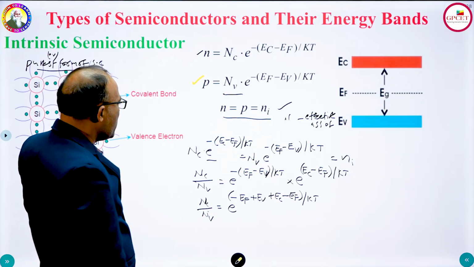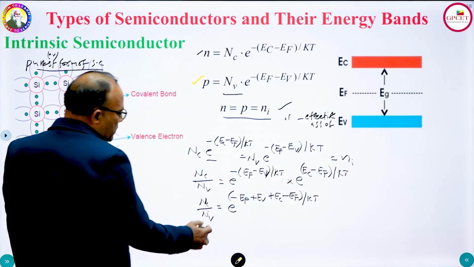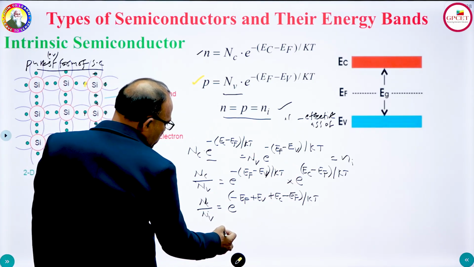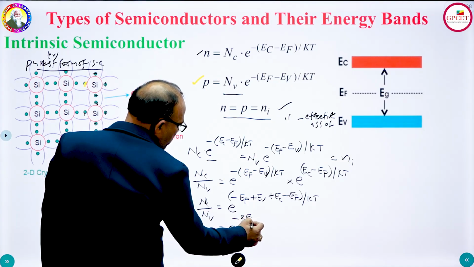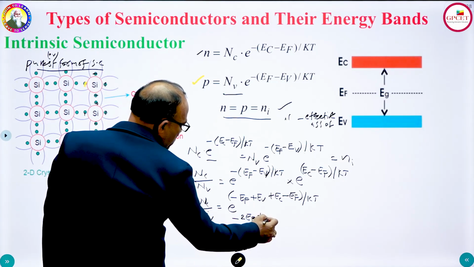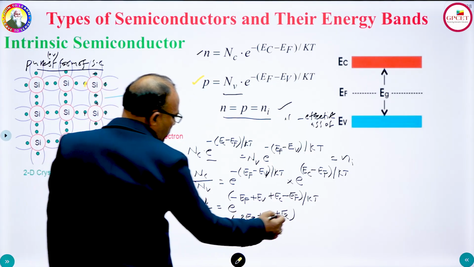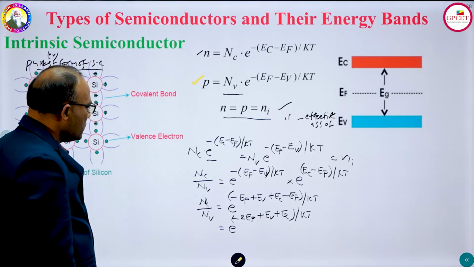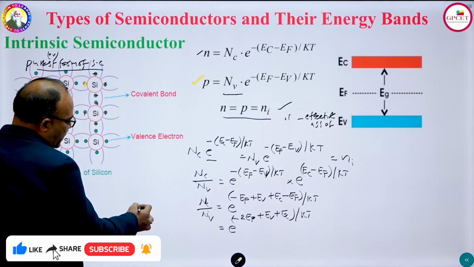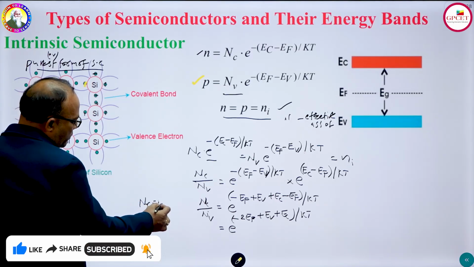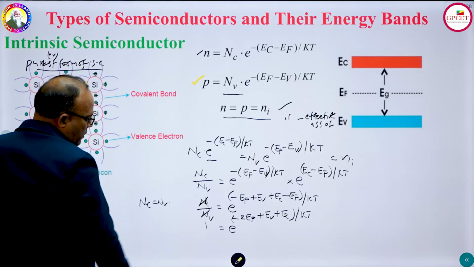So you get minus Ef, therefore Ec plus Ev, that is equal to e power minus 2Ef plus Ev plus Ec divided by kT. Even for intrinsic semiconductor we have Nc is equal to Nv, so both get cancelled, you get 1 here.